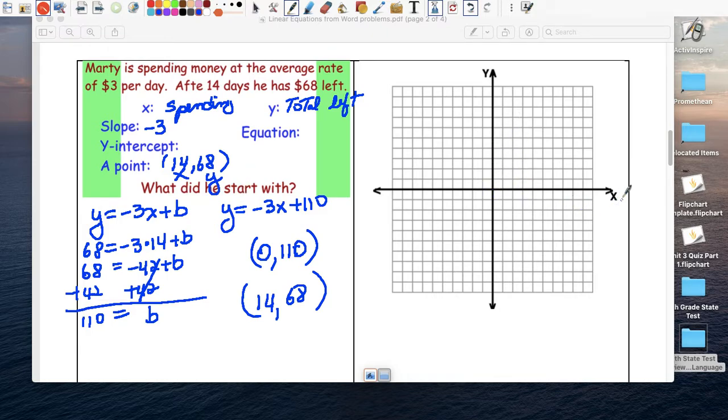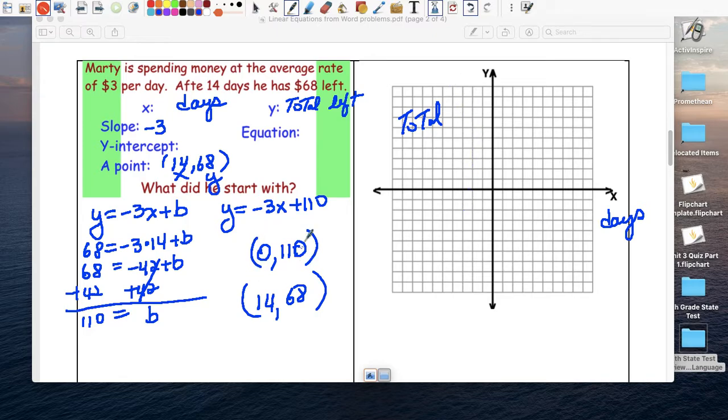The x-axis represents, sorry, represents his days. I should change that. Sorry. So this is going to be days, and this is going to be total left, how much money he has left.